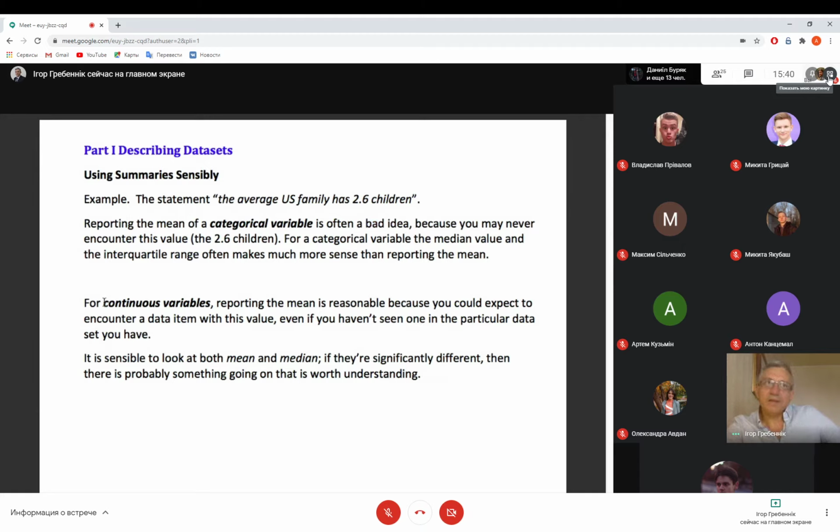Having different tools for analysis of data, we should select the ones for characterizing categorical variables, ordinal data, and continuous variables, taking into account different properties, characteristics, and features of the data.